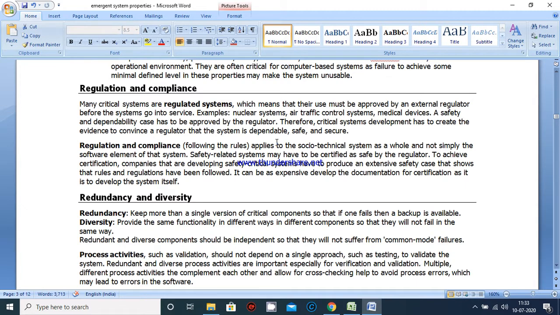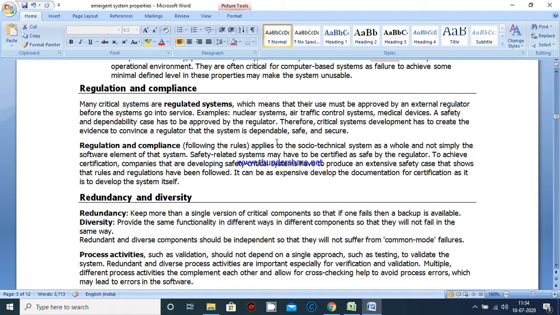Because suppose I am working online in a particular system, or doing something digitally on the network, and suppose one security pillar fails, then there should be another one to handle all the working, to handle all the risks, and to back up my data so that I can use that in the further working procedure.